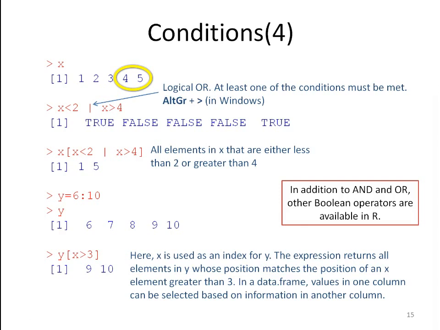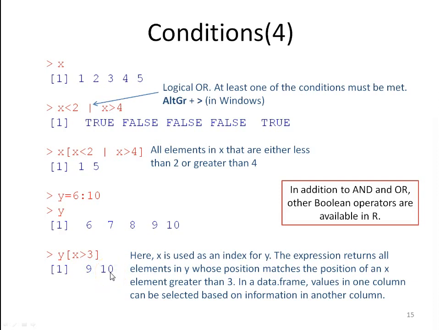Then it goes back to y, and in the same places it takes the value out of y and returns to you. So because these numbers 4 and 5 are greater than 3 in x, you get true for these, and therefore you get these values, number 4 and 5, in the y vector in return. So you get 9 and 10.